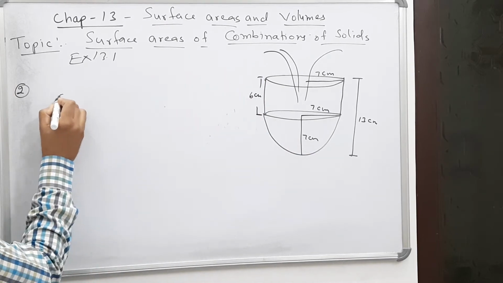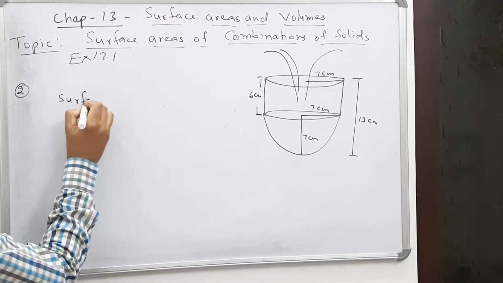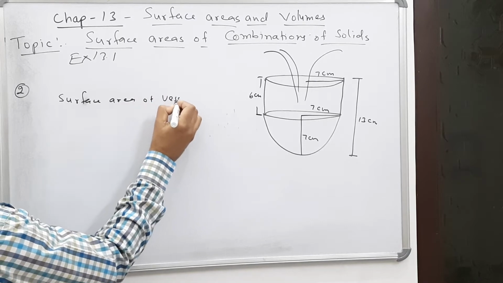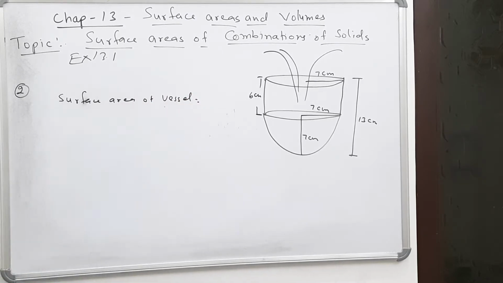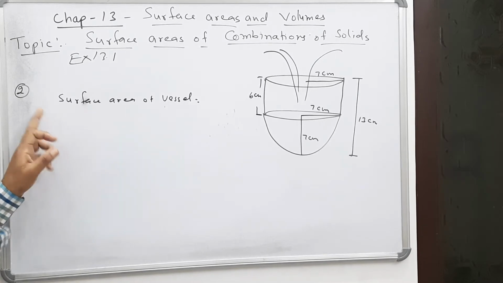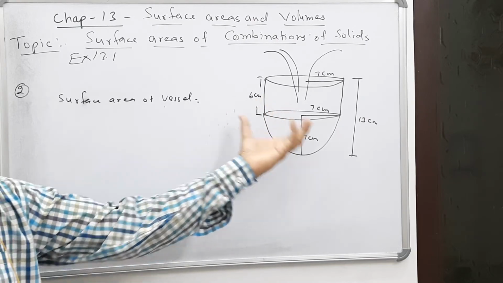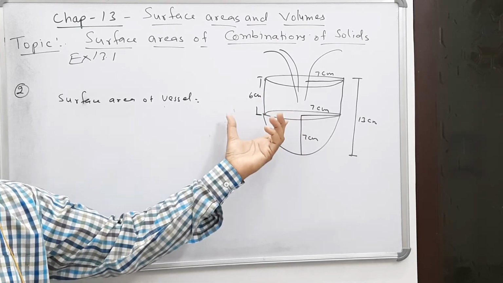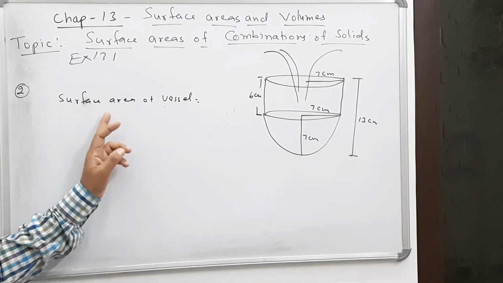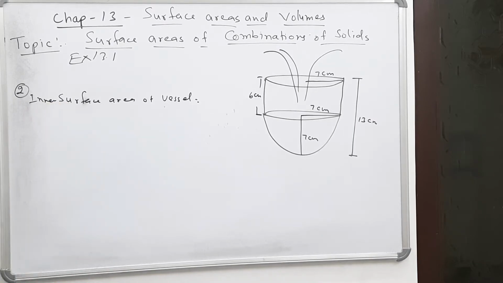Now for the formula for surface area of the vessel, please try to understand. I am using the term surface area, not the curved surface area or total surface area. Surface area means whatever is the surface area in this particular vessel, that we have to calculate. And here it is told that we have to use the inner surface area, the area from inside.